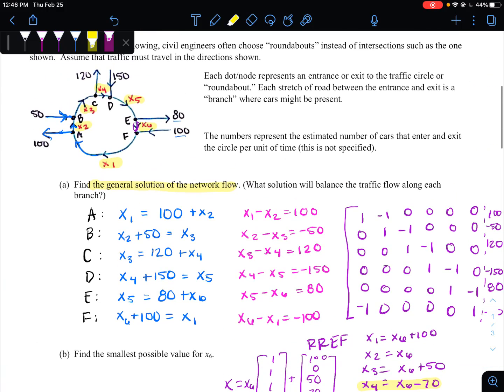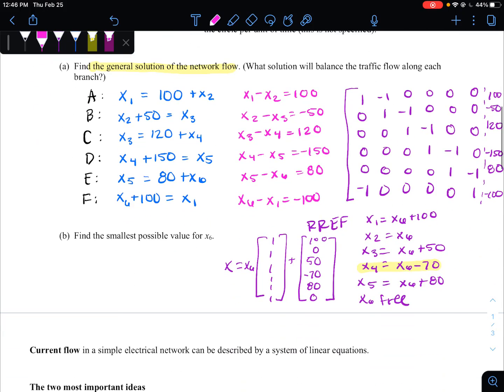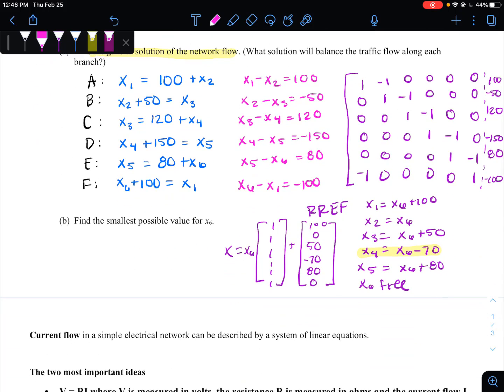Because if x4 is negative, we end up getting cars going in the wrong direction. That's when we get that backup that we do not want. So to keep traffic flowing, we want x4 to be greater than or equal to 0. I guess there could be no cars on x4, that's fine. So that means we would want x6 to be greater than or equal to 70.